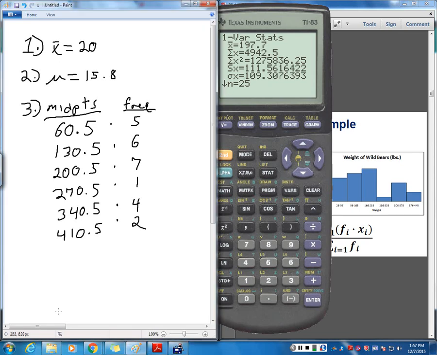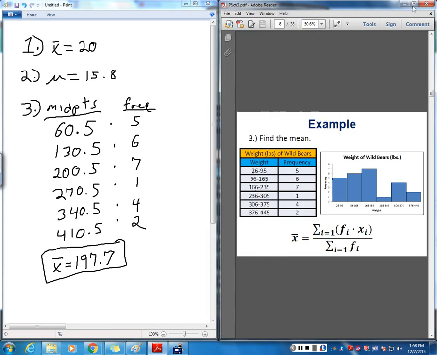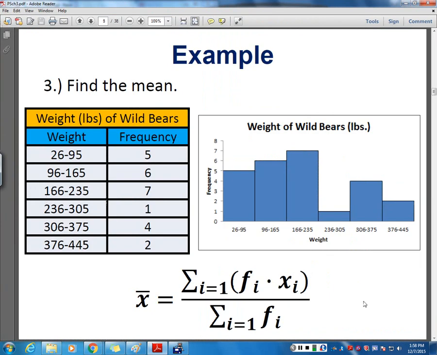So the answer to that problem is x bar equals 197.7. So the mean of the wild bear data, the mean weight of the wild bear in this sample, is 197.7 pounds.